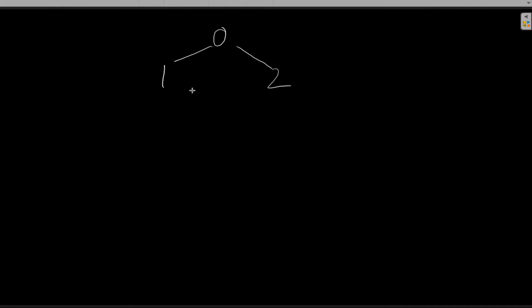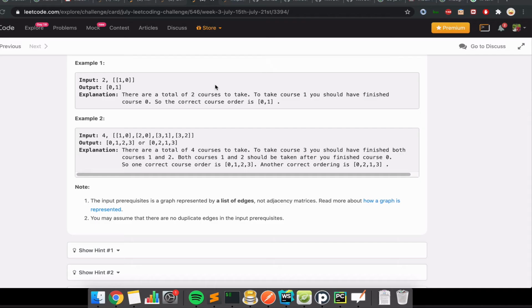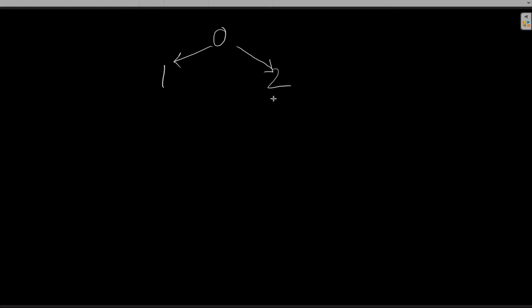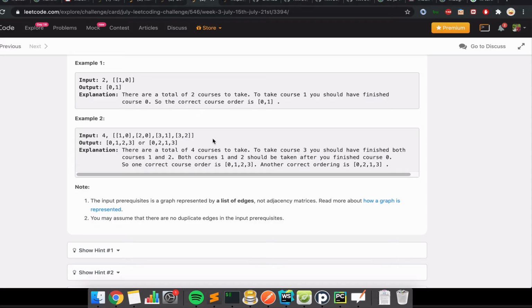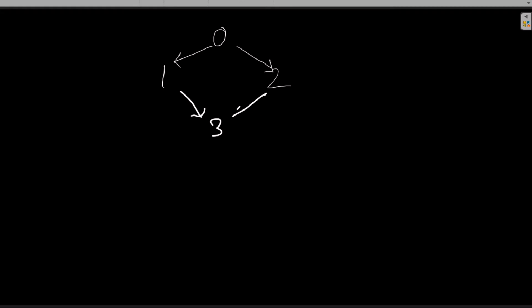So you basically have the in-degree of this. So 1 depends on 0, 2 depends on 0, and 3 depends on 1, and 3 also depends on 2.